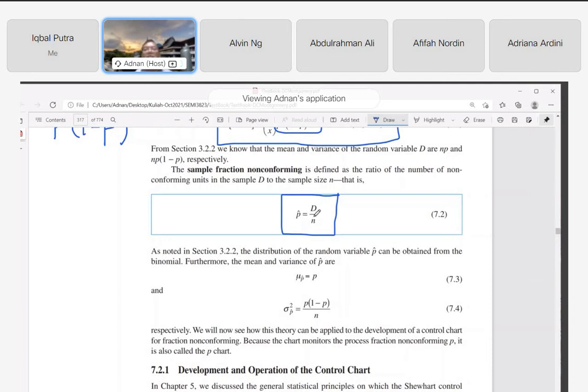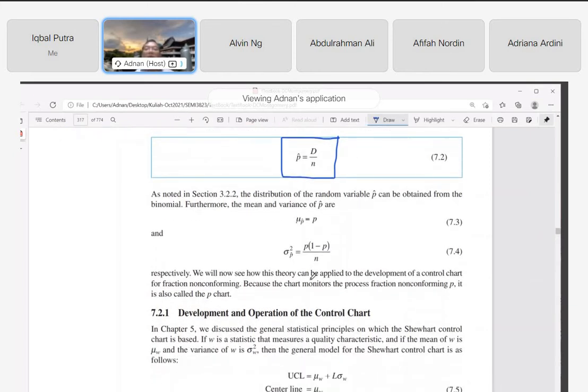So P equals D over N. And the mean of how many defects is just the average of P. Okay, so this is the mean, and this is the variance. The variance is the square of the standard deviation, P(1 minus P) divided by N.